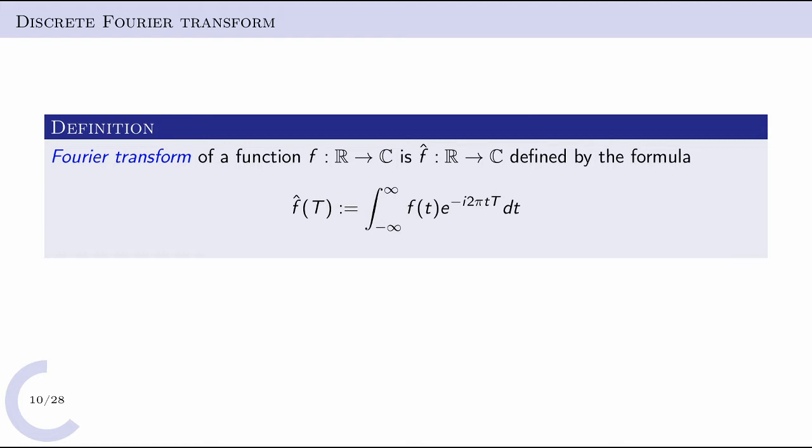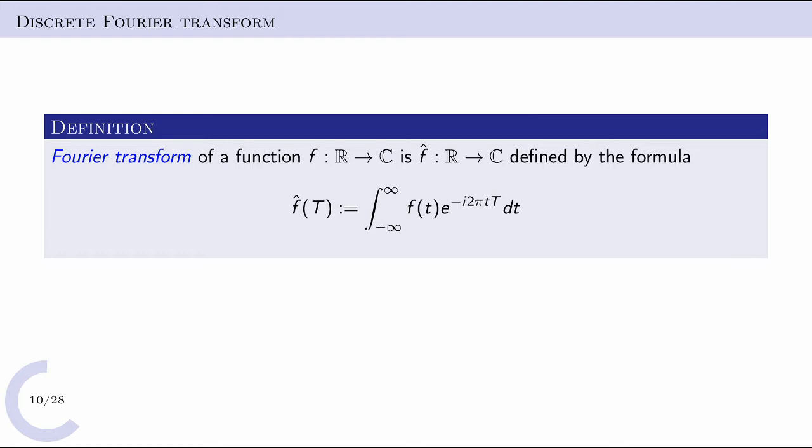So in place of a function, we have a sequence. That's the discretization of the domain. As a result, in place of an integral, we need to take a sum. In place of a function at a given point, we take a coefficient of a sequence, one of the entries of a sequence, and we do not make any other changes.